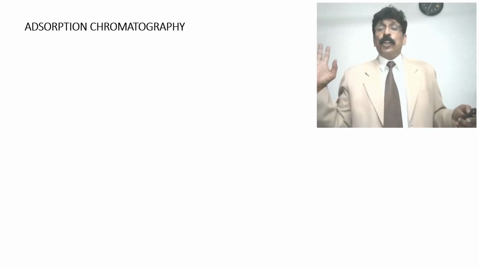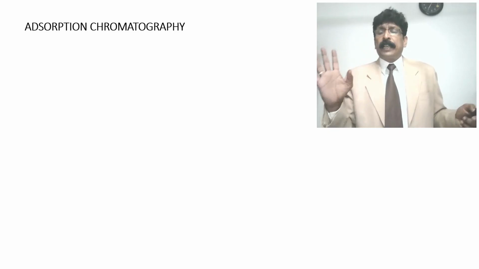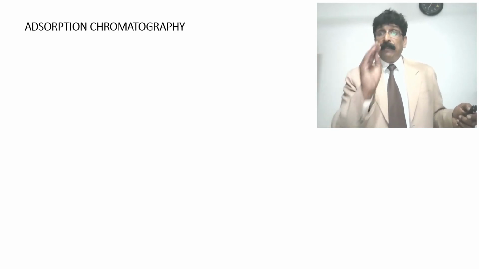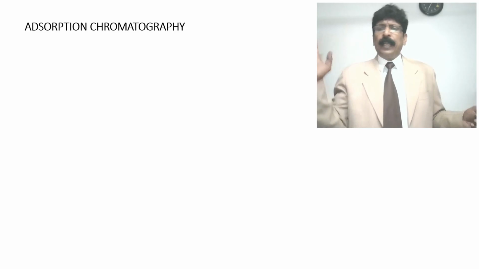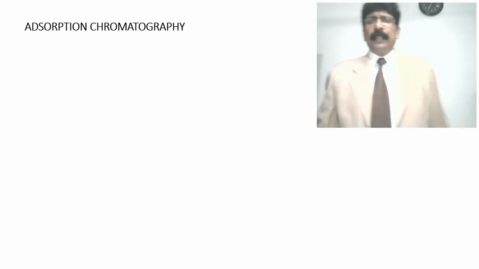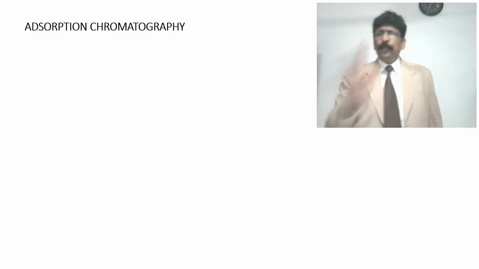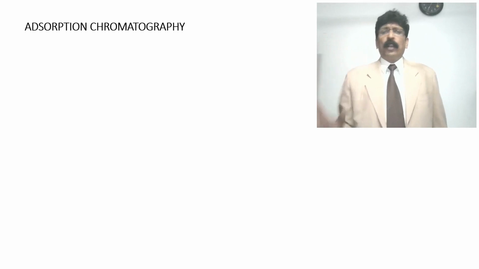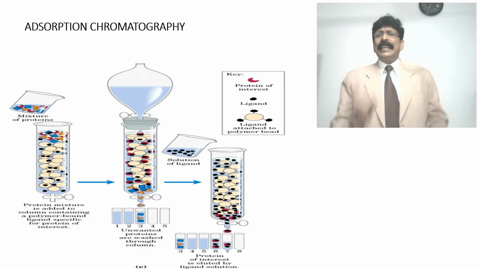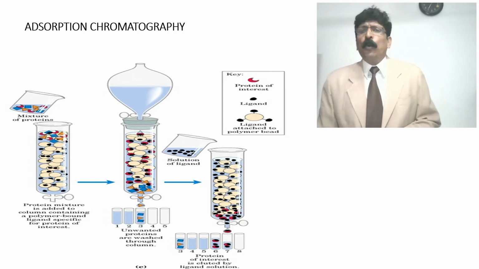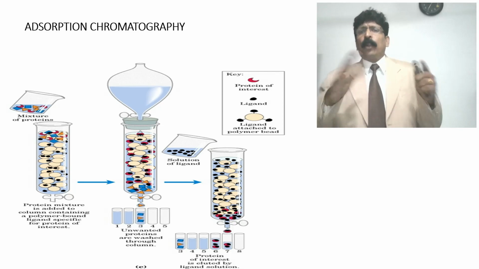The student should know very clearly, don't make a mistake. Understand? And I will tell you the examples also very clearly. Any book you refer to, anywhere, if you stand on this point, you will not go wrong. So this is an example just to explain chromatography.